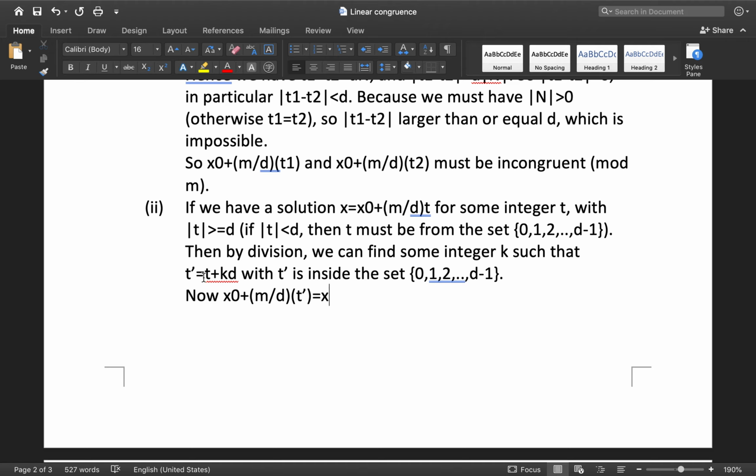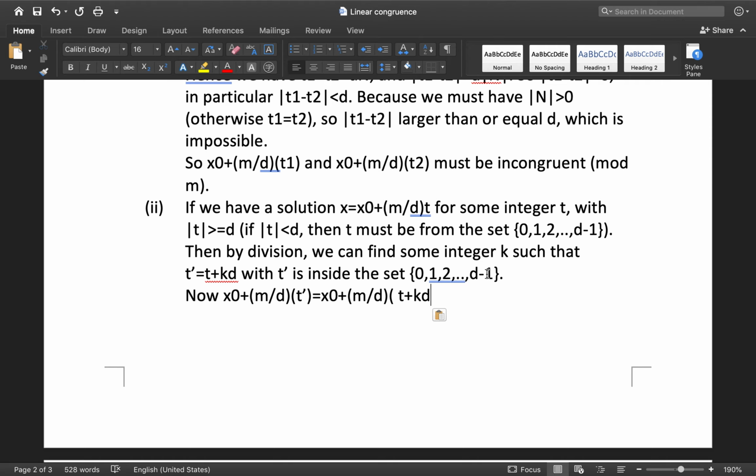Now that exactly gives you m over d times, you simply do a substitution, because now I want to compare x0 plus m over d t prime and the original solution, m over d times t. Now you see t prime is from this set, so this is one of the members from those d many incongruent solutions. So if you can show that this solution is congruent to the original solution, then you're done, right? Now let's see why they're congruent.